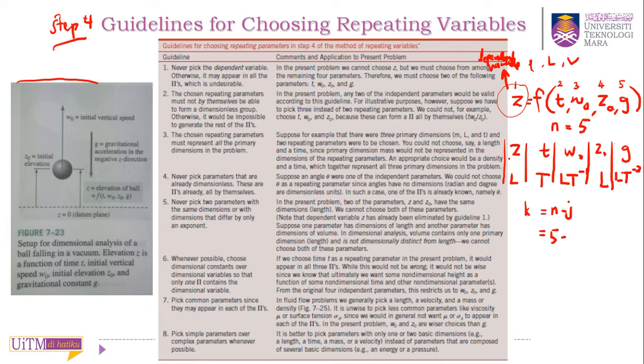Do you get it? This primary dimension number j is just the number of primary dimensions that you use.